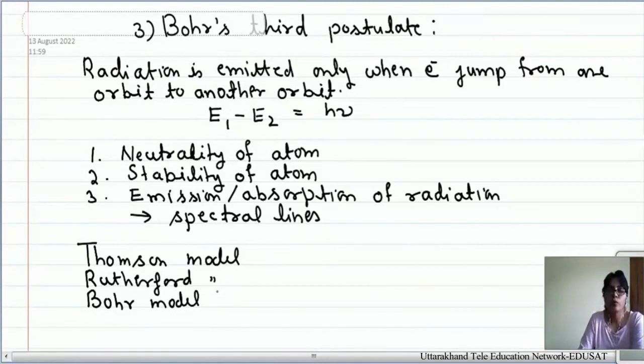But Bohr also included the quantum concept given by Planck and Einstein, and then he gave the quantum energy levels and quantum orbits. Using the Bohr model one can successfully explain the neutrality of atom, the stability of atom, and emission and absorption of radiation, and therefore this model can explain the spectral lines of hydrogen like atoms. So let us stop here, and we will proceed further in our new lecture.